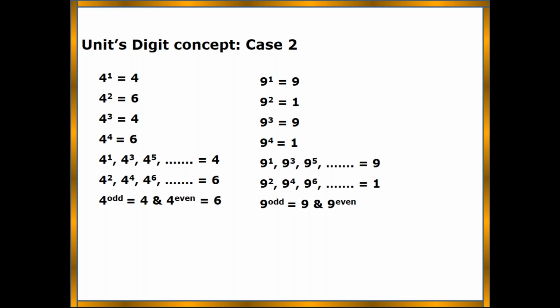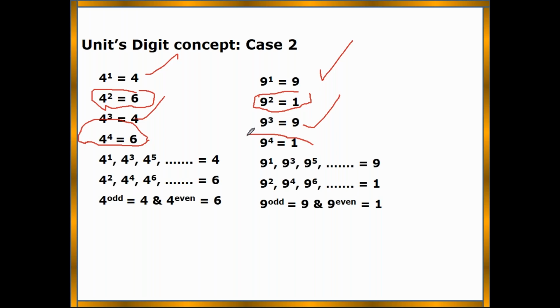So please observe everyone: 4, 6, 4, 6, 9, 1, alternately repeated. 4 power even is 6, 4 power odd is 4.